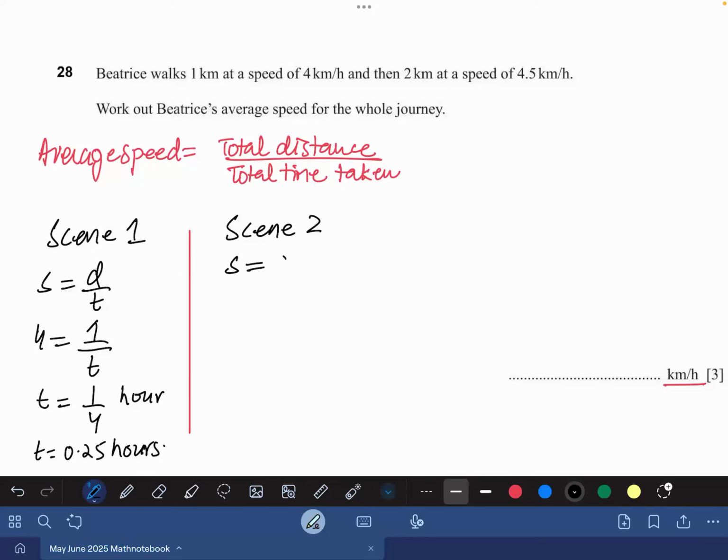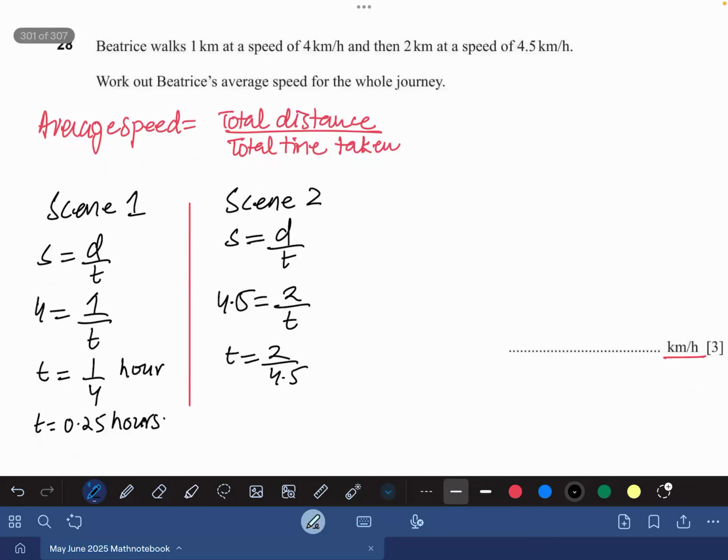So in scene 2, he then traveled 2 kilometers at a speed of 4.5. So speed is equal to distance divided by time. Speed is 4.5, distance is 2 kilometers and time is unknown. So t is equal to 2 divided by 4.5. So 2 divided by 4.5 is how much?